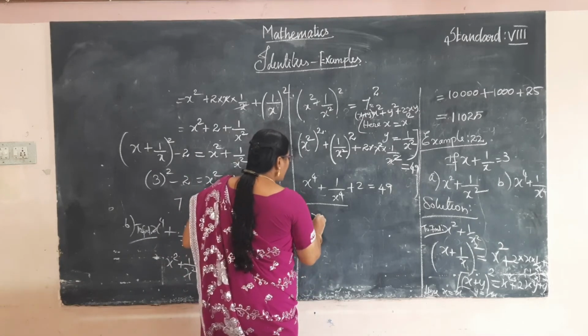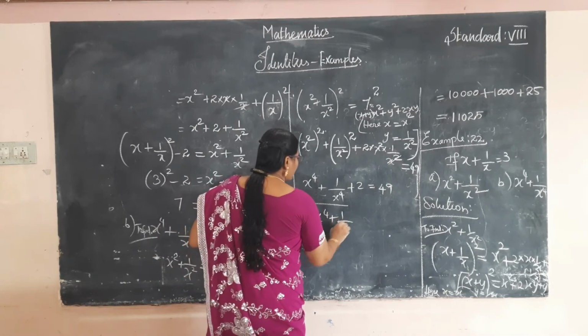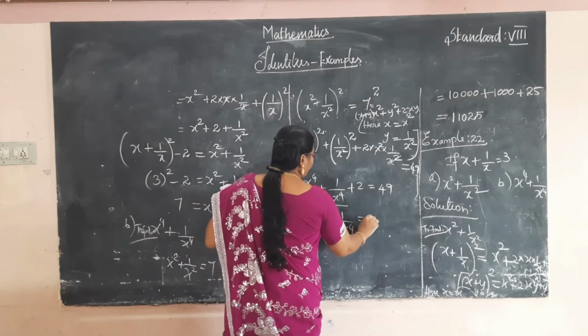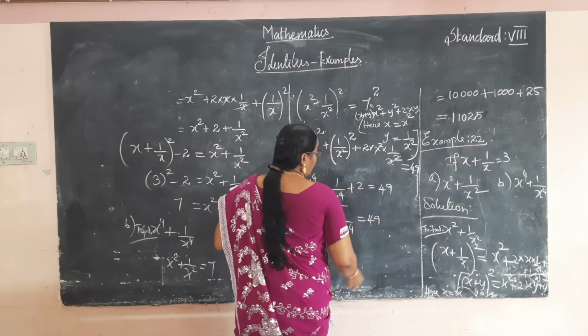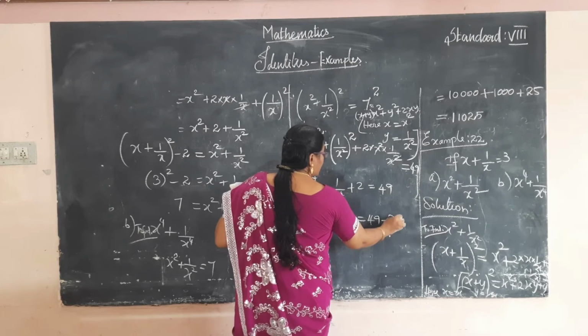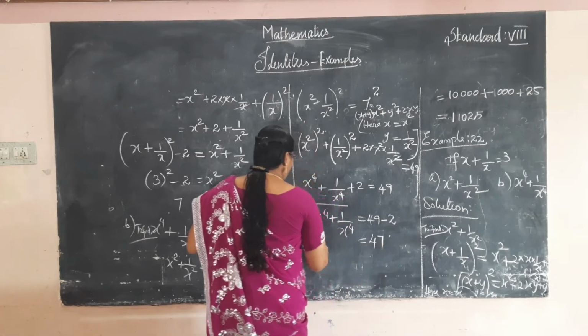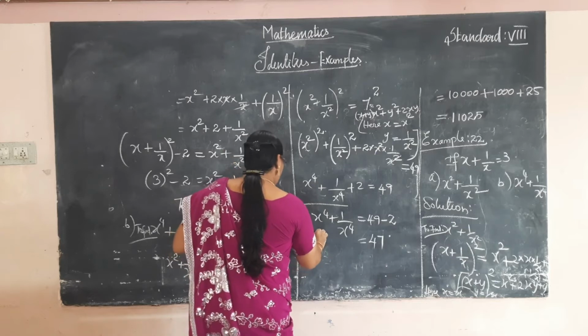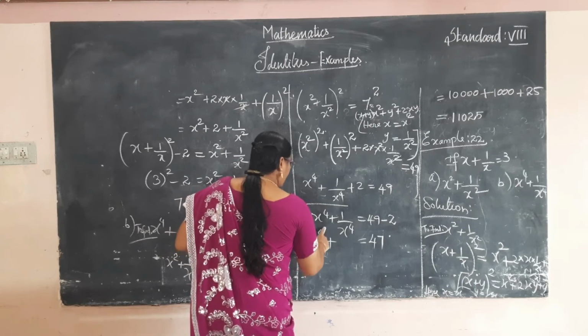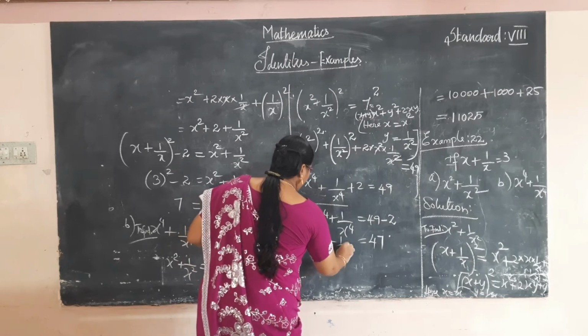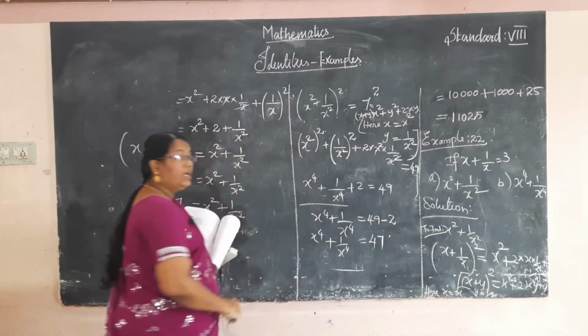Using the transpose method, we get the answer 47. So the answer for the second one, x power 4 plus 1 by x power 4, is equal to 47.